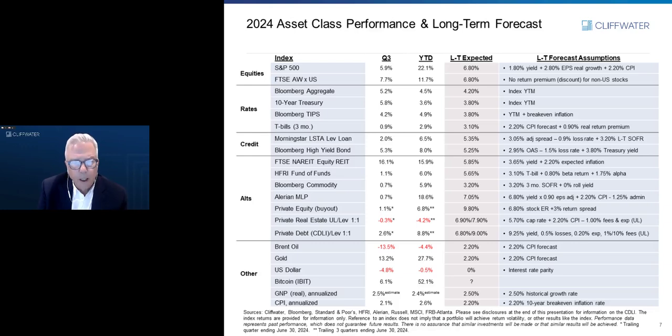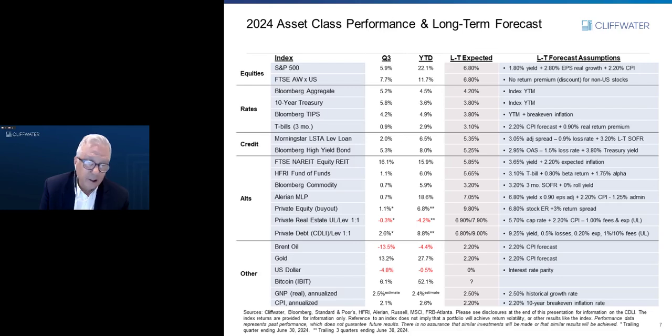I'm going to talk more in a moment about these private asset classes, but if you look at private equity, private real estate, private debt, these numbers are 1 quarter lagged. So they're 1 quarter and 9 months, but lagged to the quarter ending June 30. Private equity, basically modest returns. I'll talk more about that later, but they're positive and they're decent.